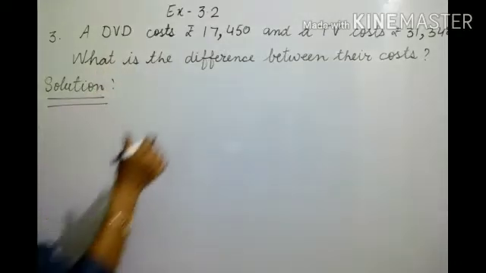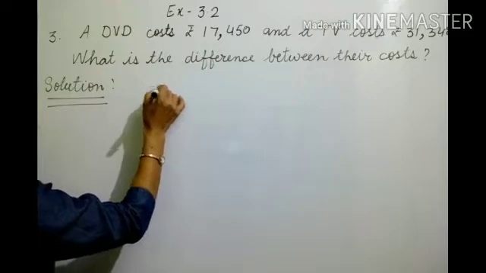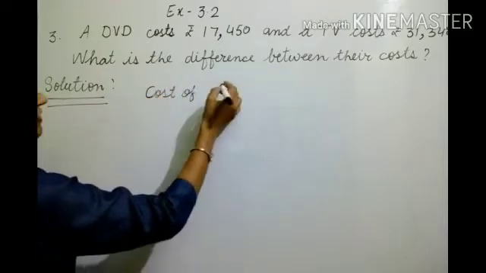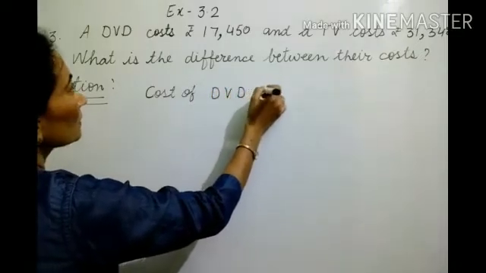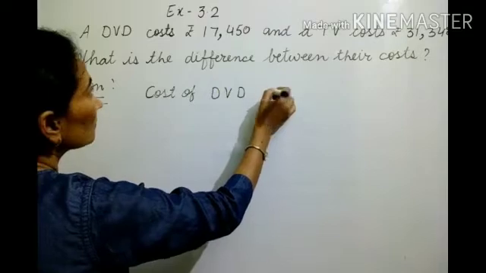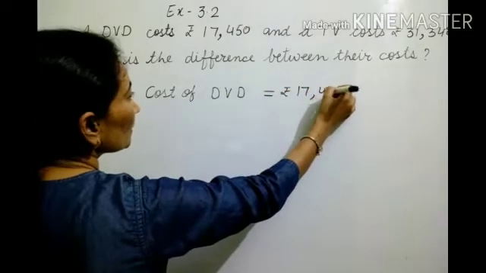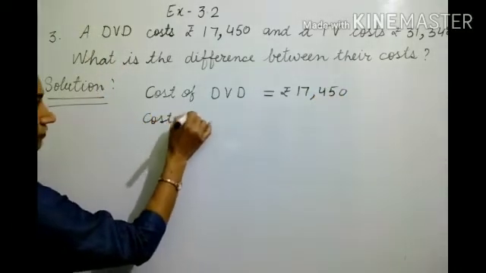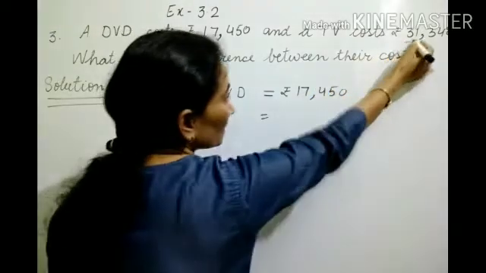First you will compare, okay? First you will write the cost of DVD player or DVD, that is rupees 17,450. Now the cost of TV, which is equal to rupees 31,348.